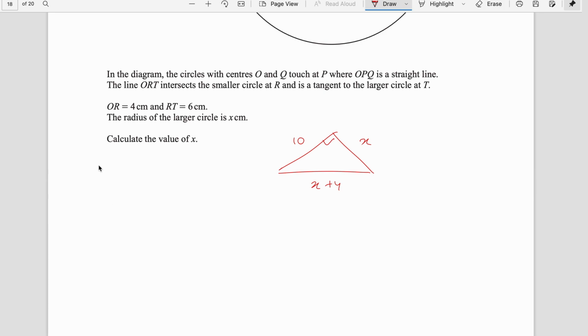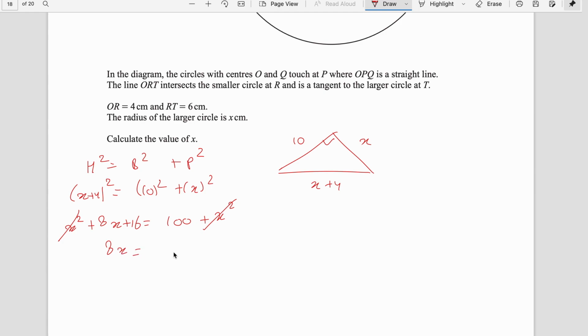Use Pythagoras theorem. Hypotenuse square is equal to base square plus perpendicular square. (x + 4) whole square is equal to 10 square plus x square. a square plus 2ab plus b square is 100 + x square.